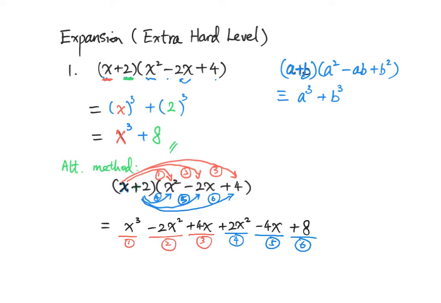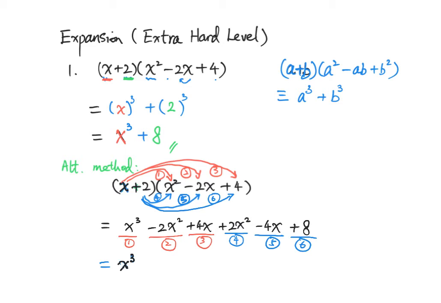Now let's see what the like terms are. x³ is only one term, so just copy it down, x³. And the second term and the fourth term are like terms. One is negative 2x², another one is positive 2x². They are opposite to each other, so they cancel, equal to 0.